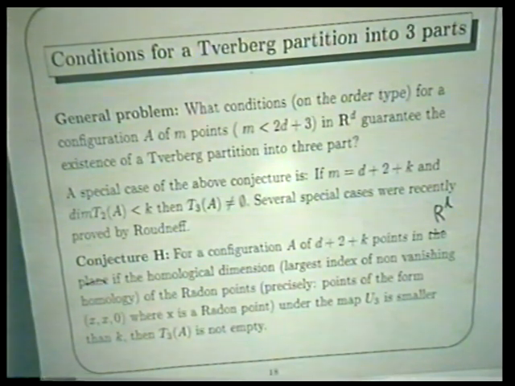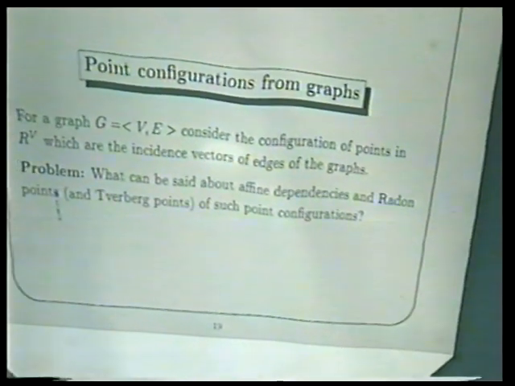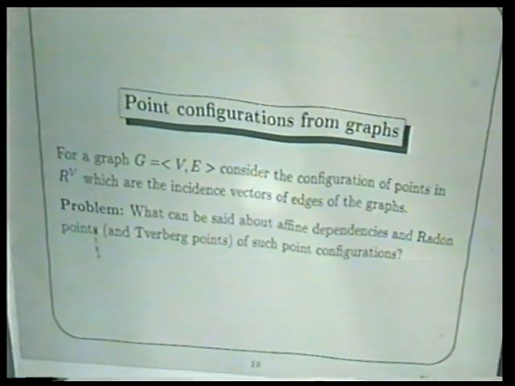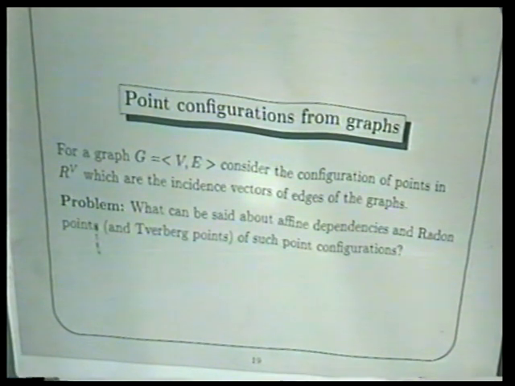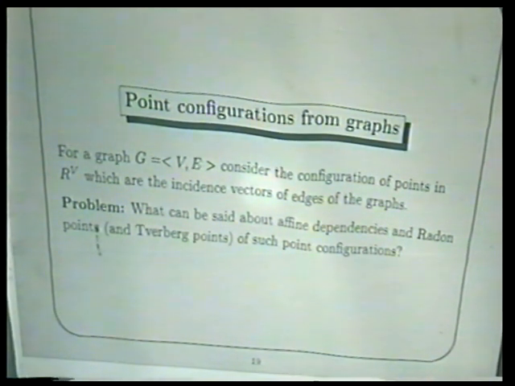Anyway, so where are we? Okay. So now I would like to draw attention to a special class of configurations of points. And this is configurations of points which come from graphs. So if you have a graph, or eventually consider also planar graphs, then you can consider just the incidence vectors of the edges. You have a graph with set of vertices V and set of edges E, and you consider the configuration of points which are the incidence vectors of edges of the graph.